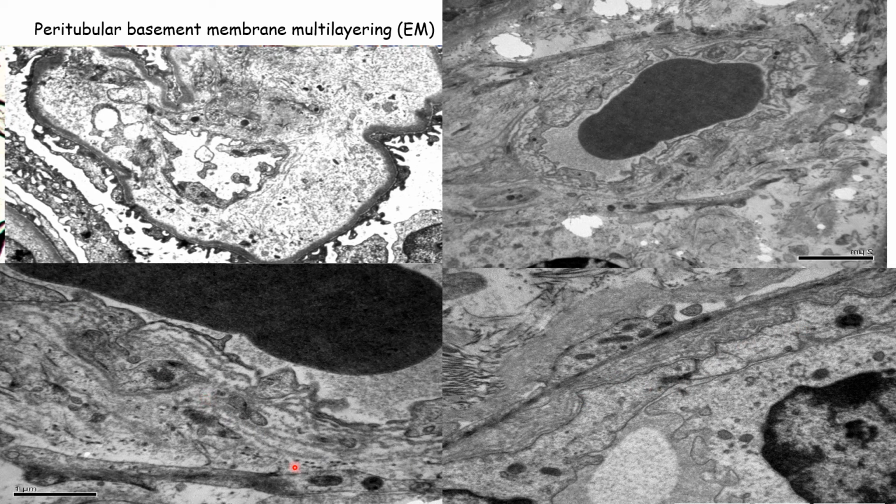So once you see the peritubular capillary splitting into its various layers, if the splitting is more than 3 in number, that suggests that early changes of chronicity have begun, and when they go beyond 7, then the diagnosis is final of the chronic changes.